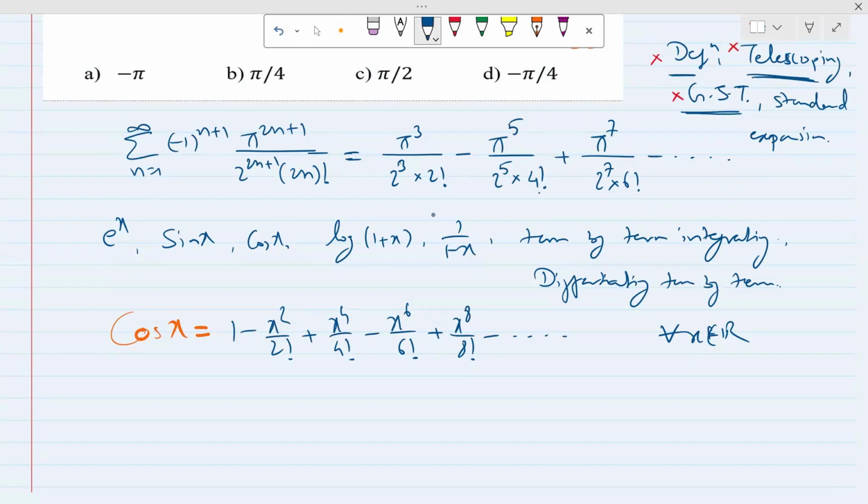Sir, do we need to take common pi cube by 2 to the power cube into 2 factorial, and then 1 minus something created like the expansion of cos x? Yeah. From this series only, you have to generate this expansion somehow. So can we take common pi cube divided by 2 cube into 2 factorial from this infinite sum?